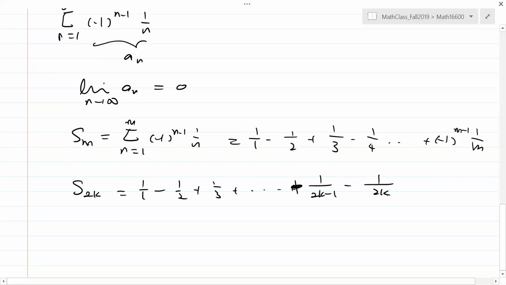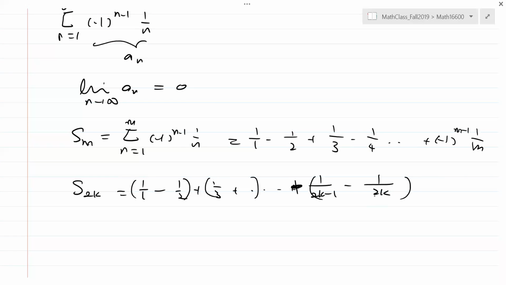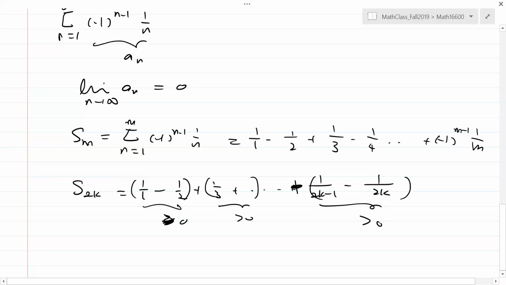If I regroup them, so I do have 2k terms here, but if I put the parentheses there, I only get how many terms? k terms, right? The sum of k terms, and each of them, do you agree it's positive, right? Each of them is positive.